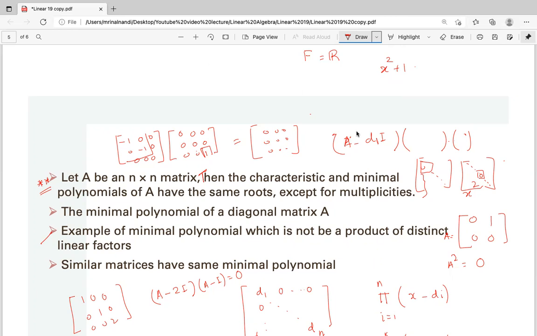Like the complex field is the algebraic closure of the real numbers. So for every polynomial with coefficients from F there is a root in the algebraic closure, that extended field. Now if we have a root not in F, but in the algebraic closure outside, then that number cannot be said to be an eigenvalue or characteristic root.